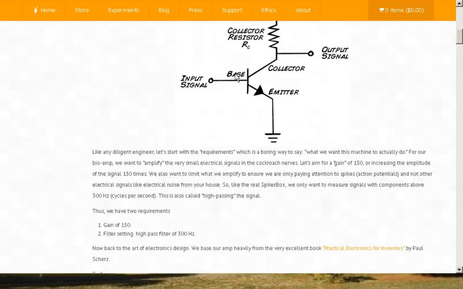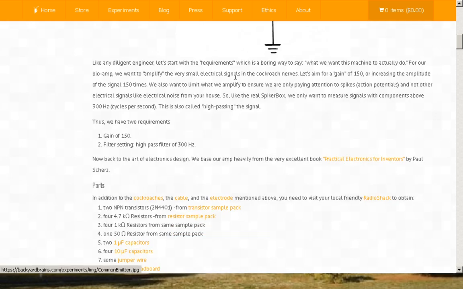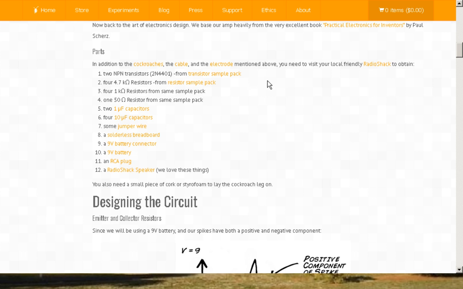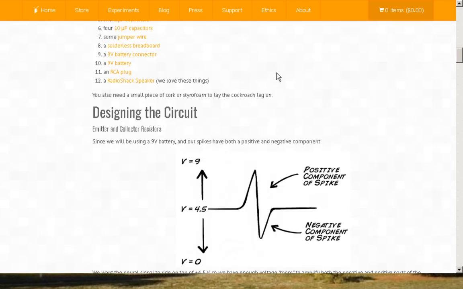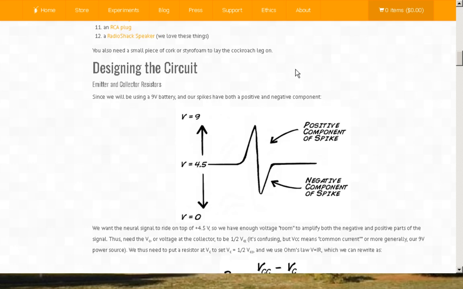This filter setting, high pass filter of 300 Hertz. There's no filter in there. Okay, now in this circuit he's only using plus 9 volts and ground.